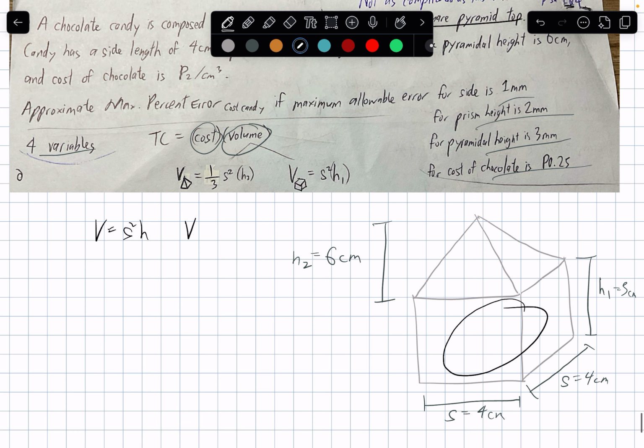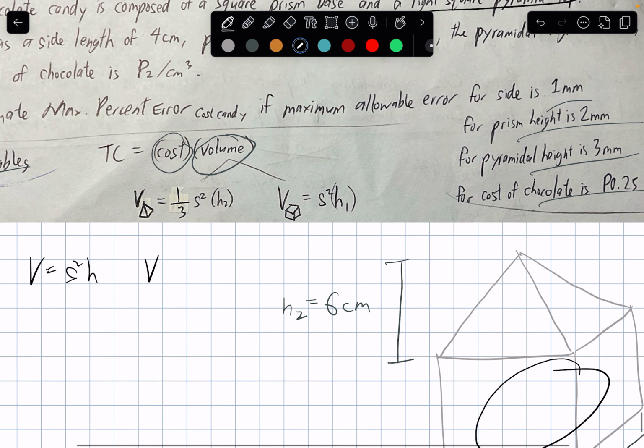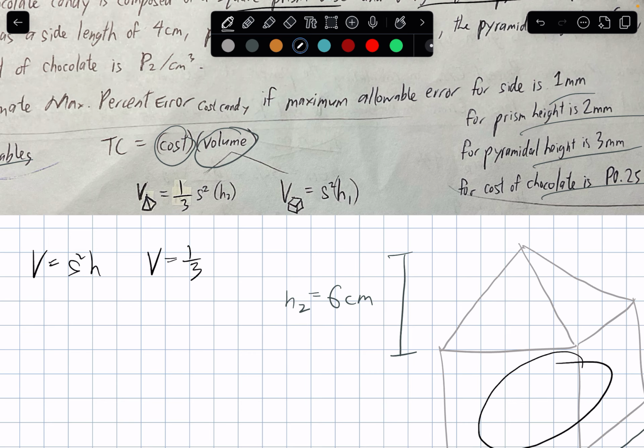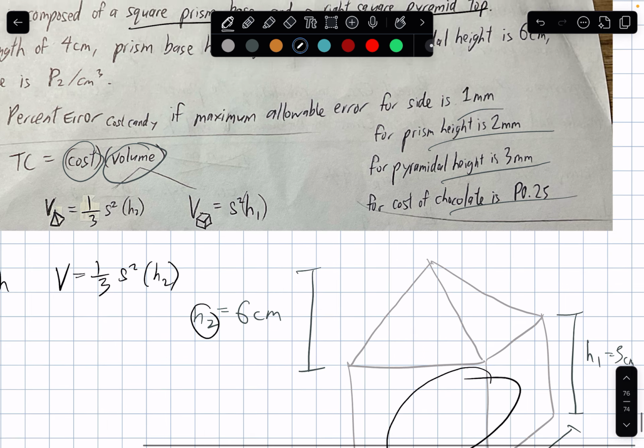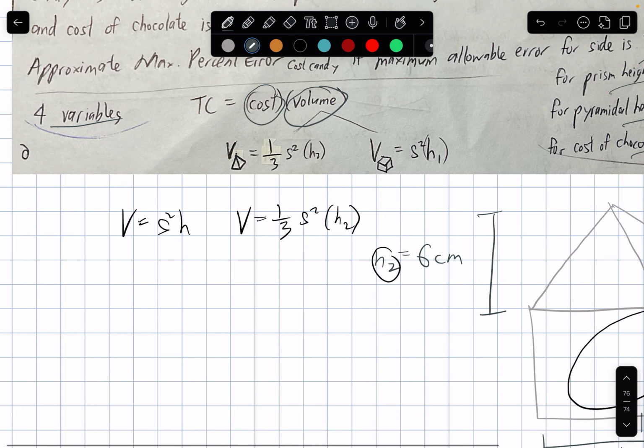How about the volume of the pyramid? So it's a right square pyramid, so 1/3 S squared times the height. The height here is H sub 2. Not to be confused with H sub 1. H sub 1 belongs to the prism base.